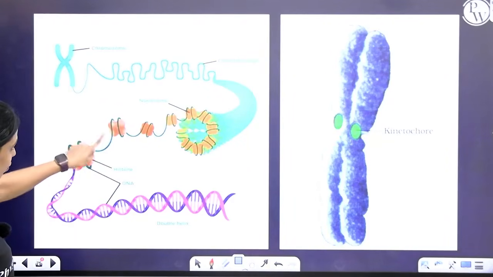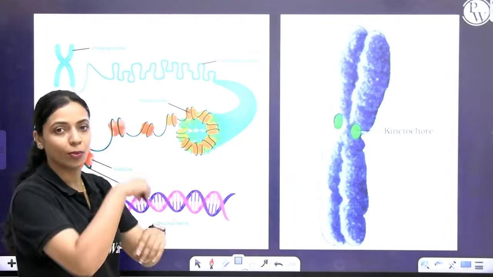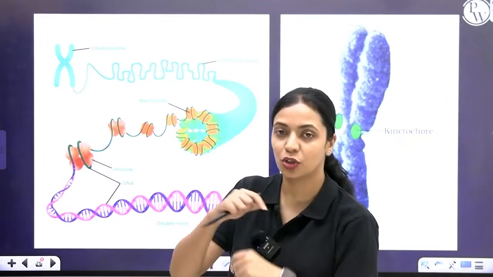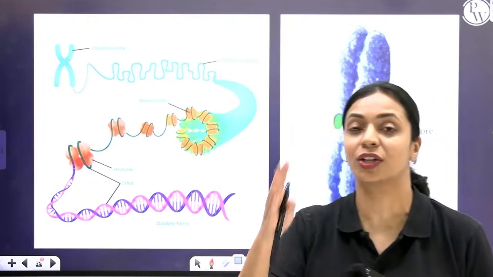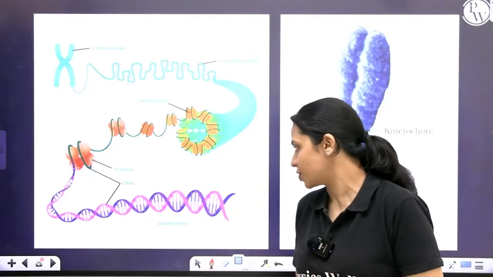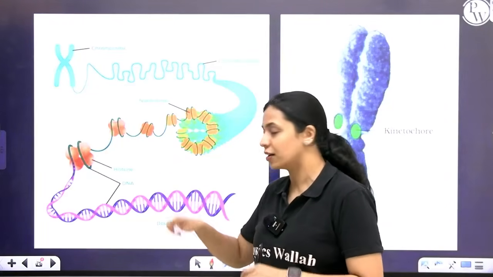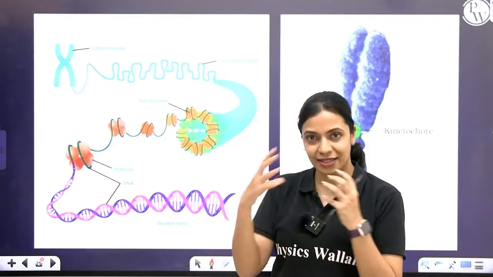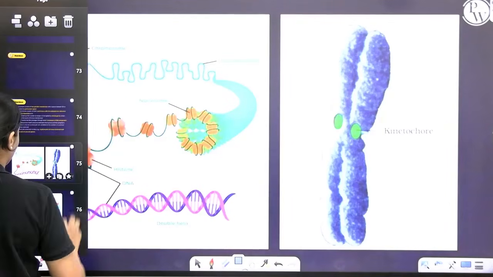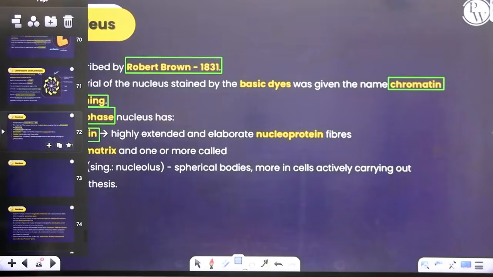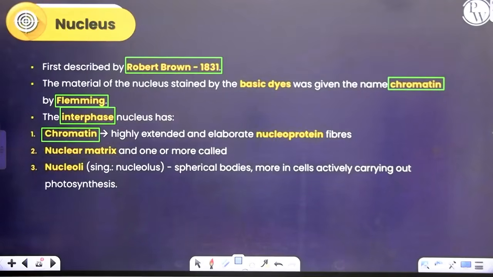It will undergo some condensation and exist in the form of thread-like structures, chromatin-like structures. More about this you learn in a chapter called Molecular Basis of Inheritance. For now, just remember DNA doesn't exist like this. It will exist in the form of condensed DNA, which is called chromatin. So when a cell is not dividing, DNA will exist in the form of chromatin.